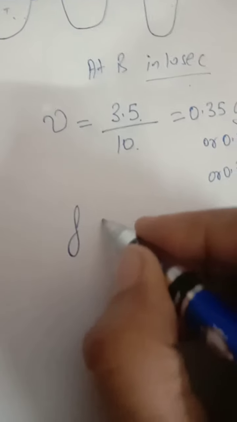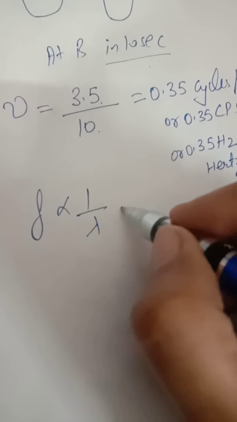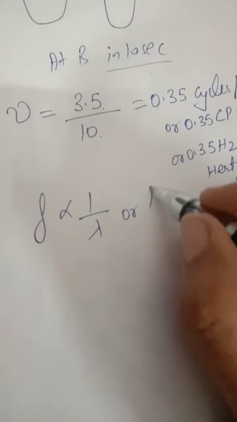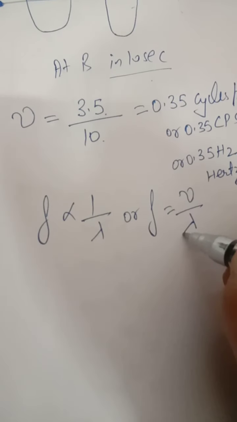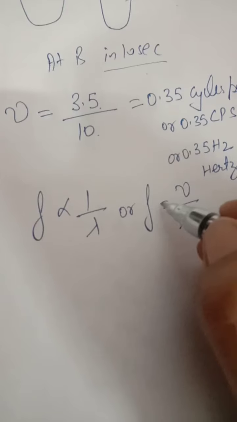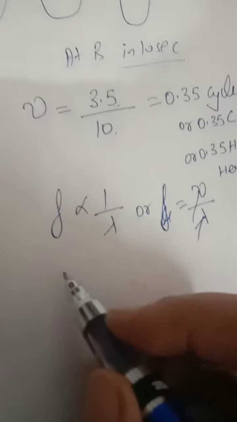And frequency is inversely proportional to lambda, or frequency is equal to c over lambda. It's inversely proportional to 1 over lambda.